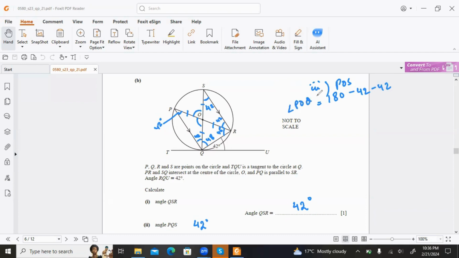So 180 minus 42 minus 42 is 96. And for POS, we will do 180 minus 96. That is 84. So 84 degrees is your angle POS.